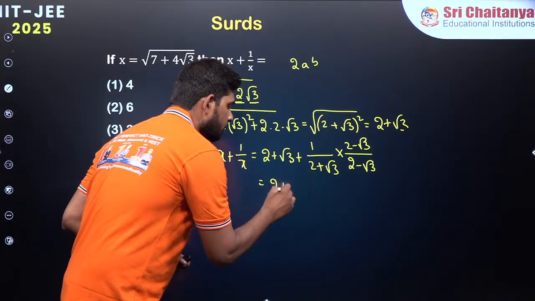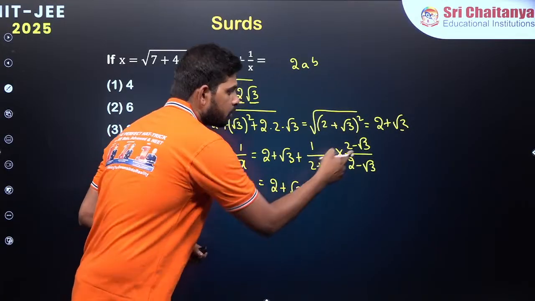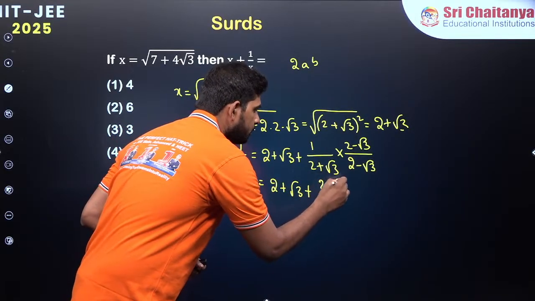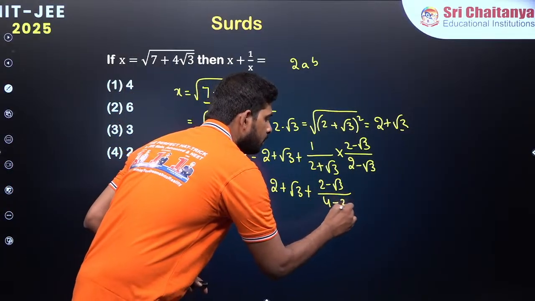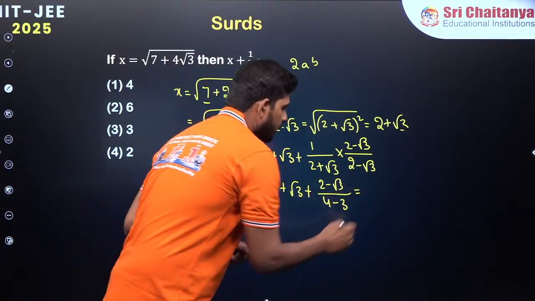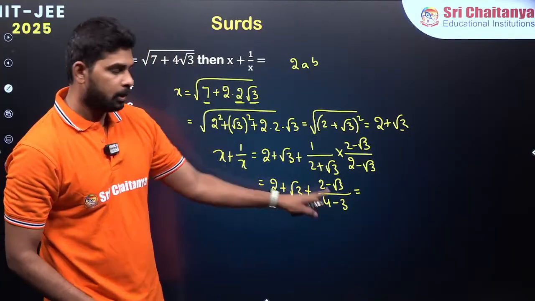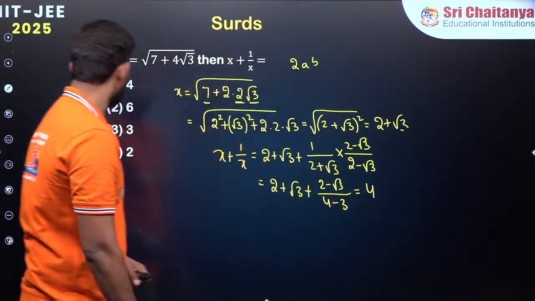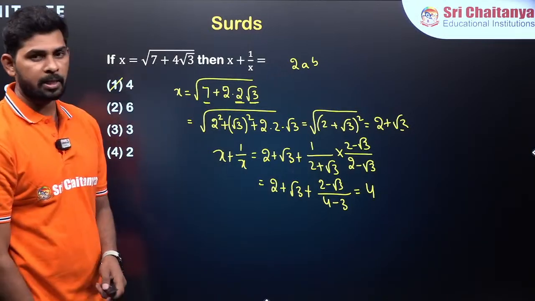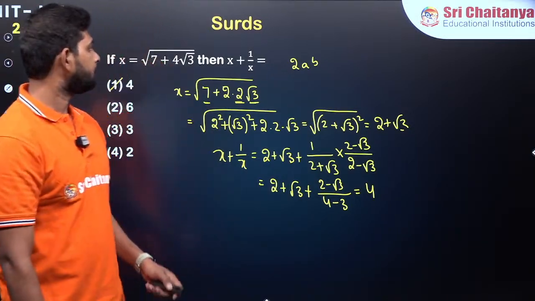So 2 plus root 3 plus 2 minus root 3 in the numerator. This is a square minus b square, that is 4 minus 3, which is giving us 1. Root 3 is getting cancelled, 2 plus 2, that is simple 4. 4 you are getting as the answer. First option is correct for this question, right?